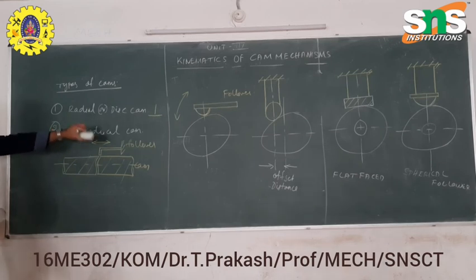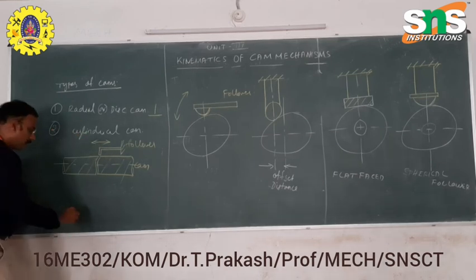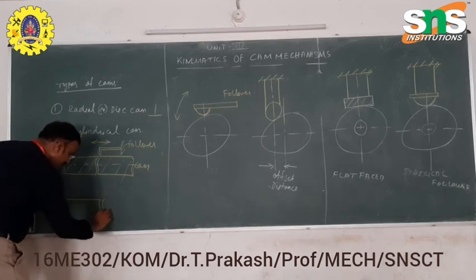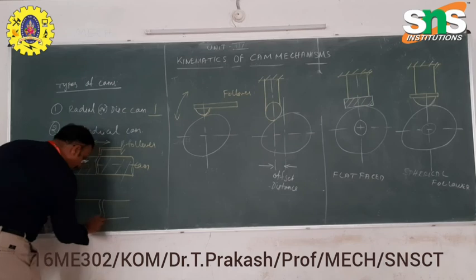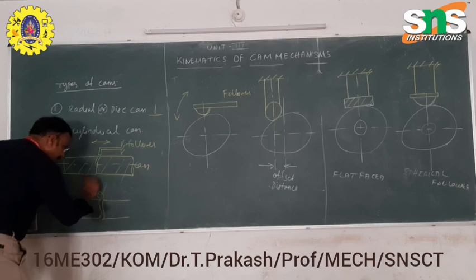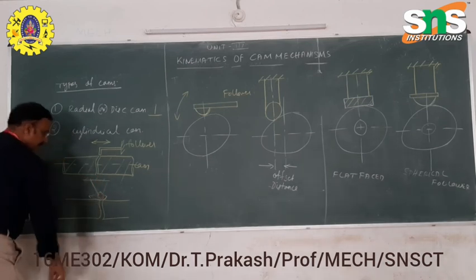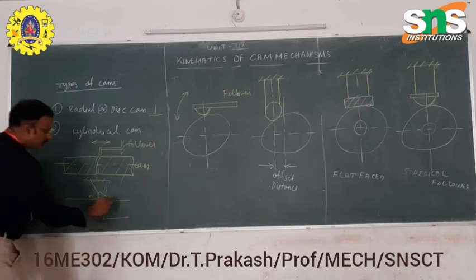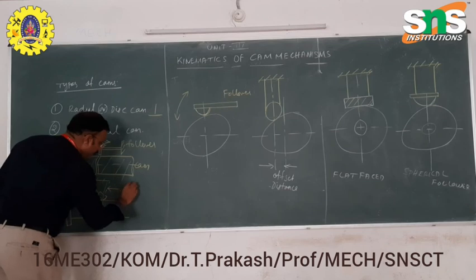And also in cylindrical cam there is an oscillating follower also. There will be some oscillating nature also. We can see the same follower with some oscillating nature. We can have some oscillating follower in this diagram. The follower oscillates. It is called as an oscillating follower.